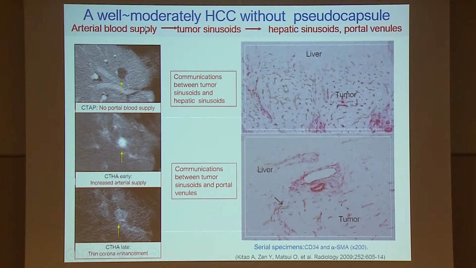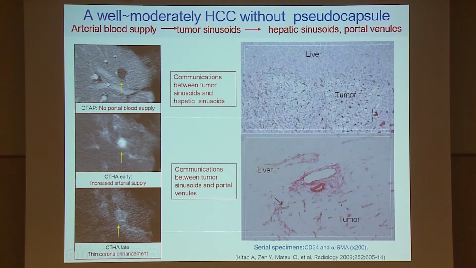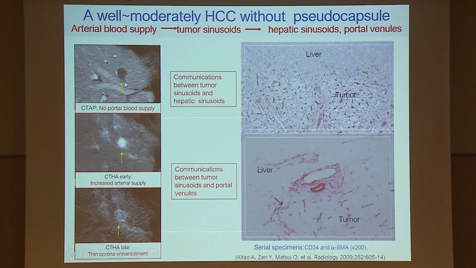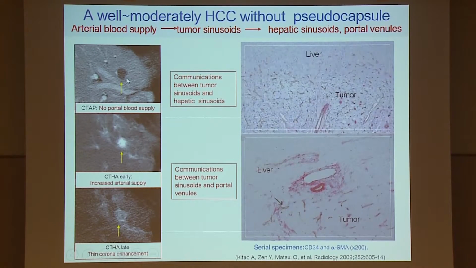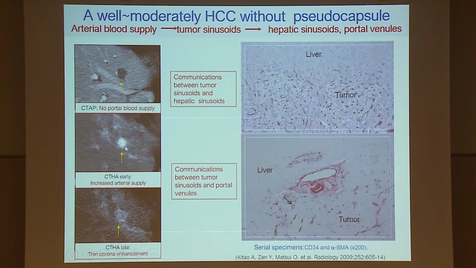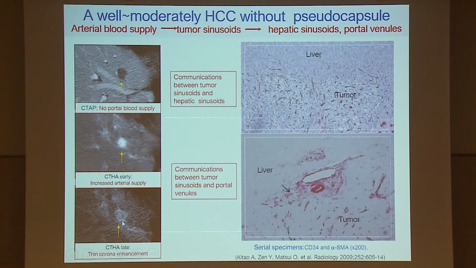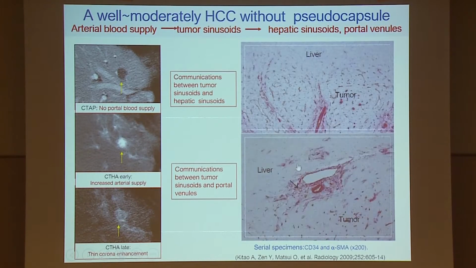This is a case of hypervascular well to moderately differentiated HCC without pseudocapsule. On CTHA, you can see complete portal perfusion defect and markedly increased arterial supply, and on the delayed phase of CTHA, you can see perinodal enhancement.